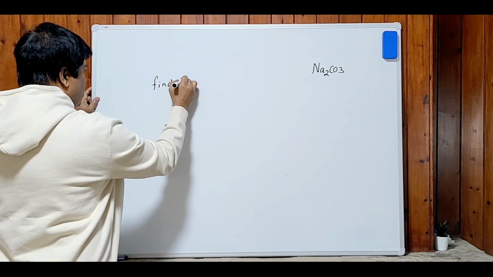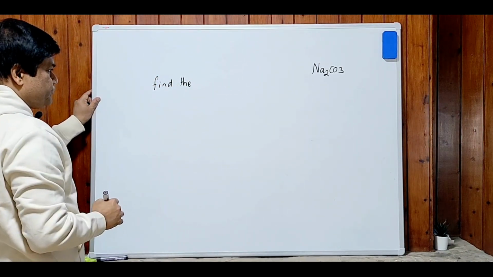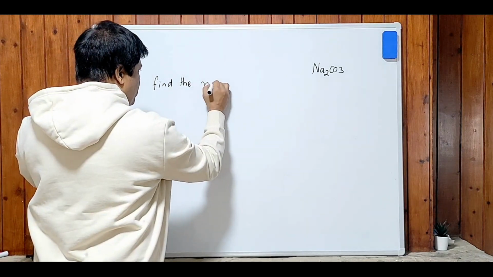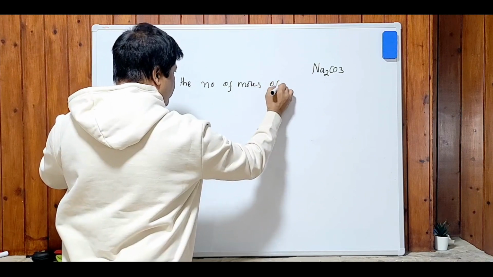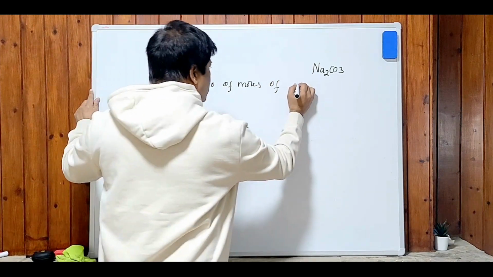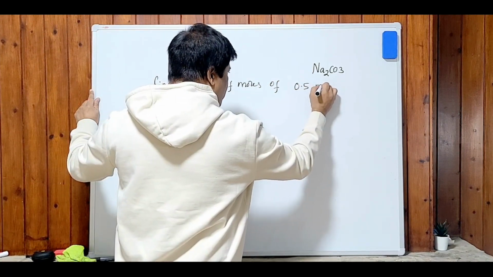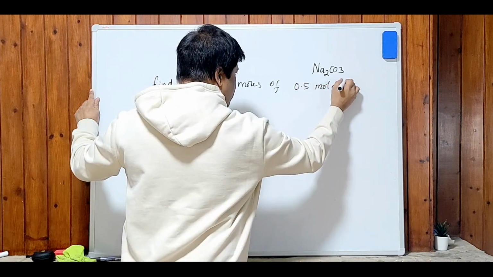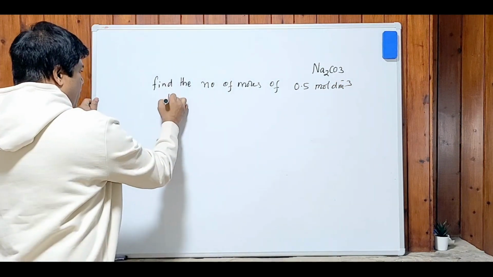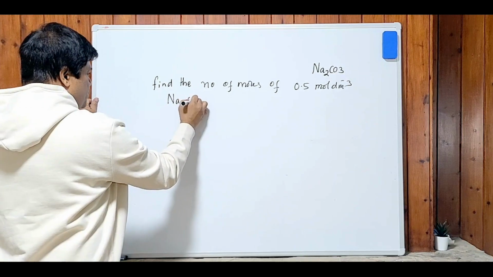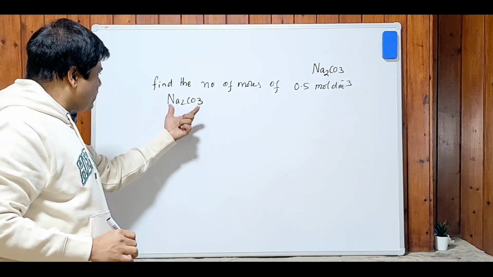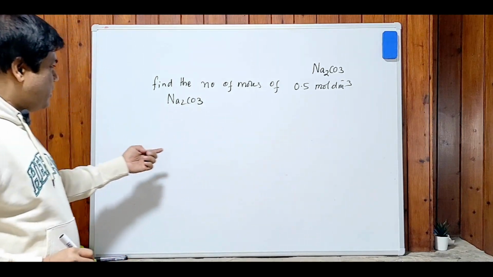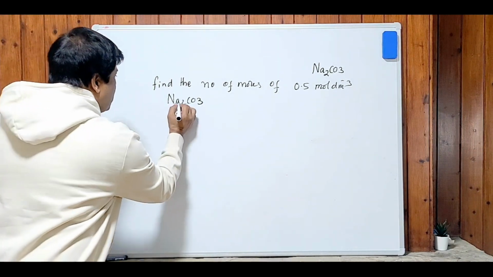Find the number of moles of 0.5 mole dm minus 3 Na2CO3, sodium carbonate, dissolved in 250 centimeter cube. You can write the word sodium carbonate, but I want to use the chemical formula.